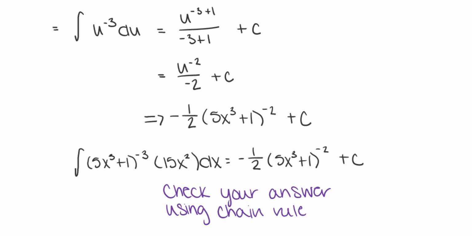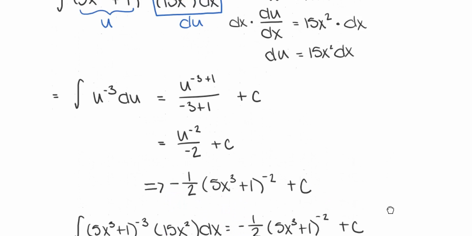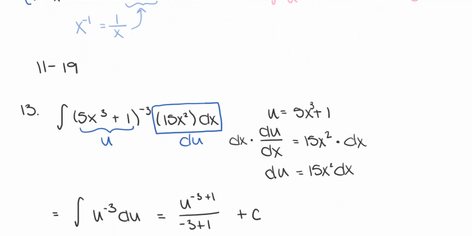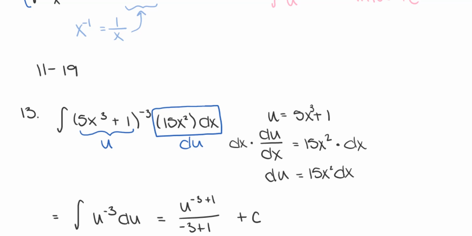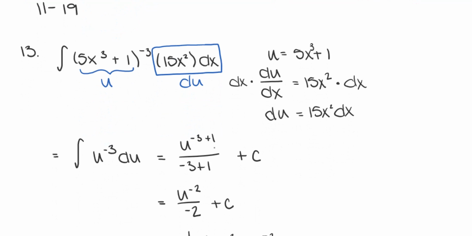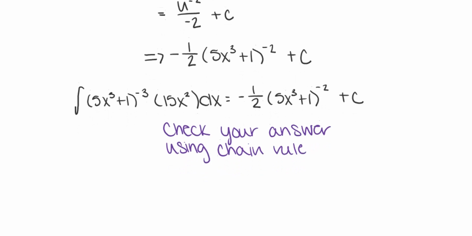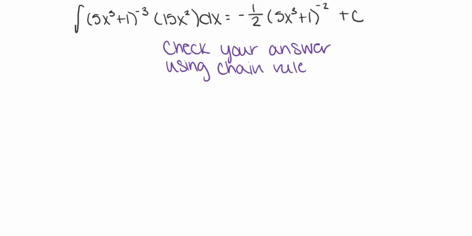So that was just one general example, and it also gives you a chance to look at what I was talking about up here, where if it's not a negative 1 exponent, like we have here a negative 3, then you're using that reverse power rule.